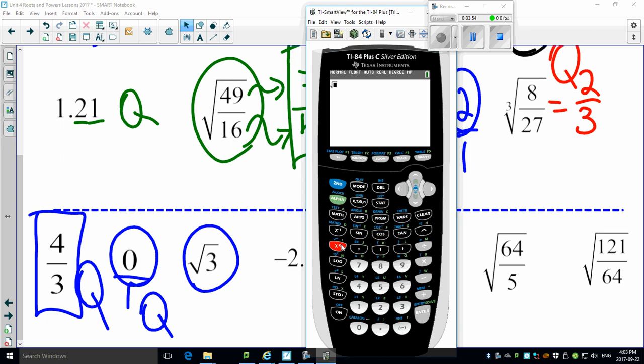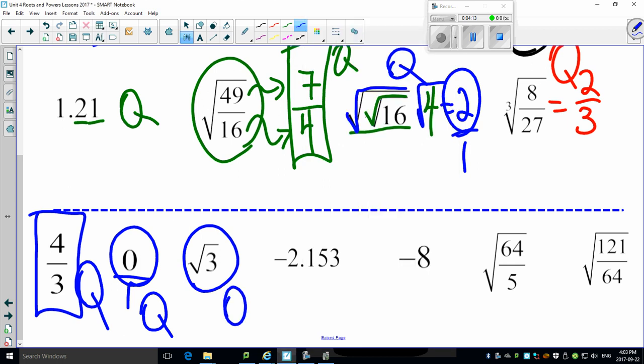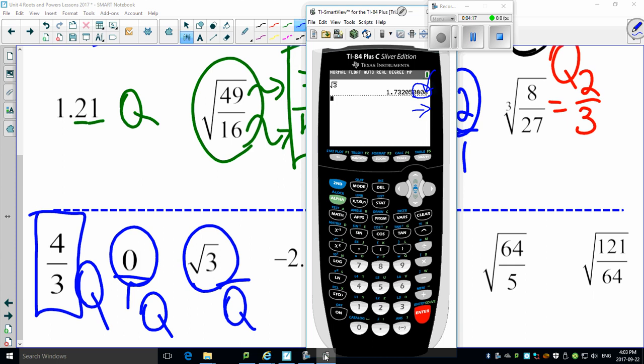Square root of 3. If you look at that, it looks like at the end here, it's starting to repeat itself. But if we could actually look a little further, we'll find out that it has no repetition. That last number is actually rounded. So this, in fact, is Q bar. So what does that mean? Well, when you put it on the calculator and it goes as far as this one, chances are it's going to be a Q bar.